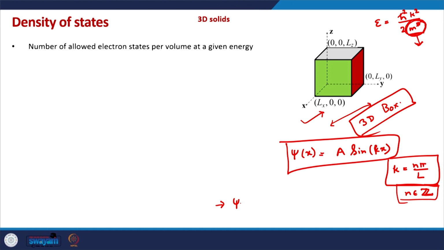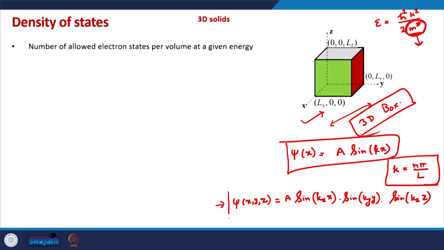The electronic wave function psi(x, y, z) in the 3D case would be a constant times sin(kx x) times sin(ky y) times sin(kz z).